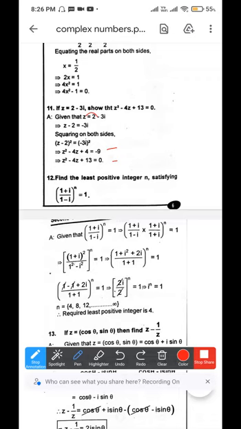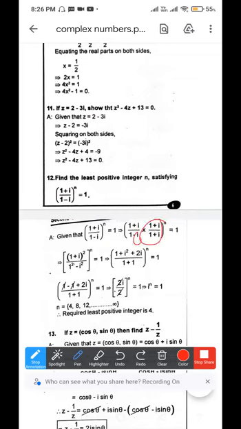Next, find the least positive integer n which satisfies this. 1 plus i by 1 minus i whole power n is equal to 1. Now what we are doing is rationalizing.